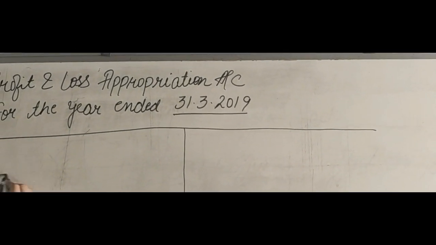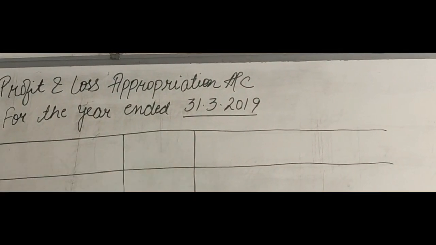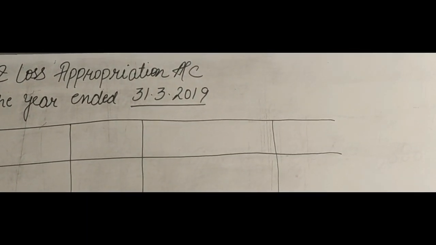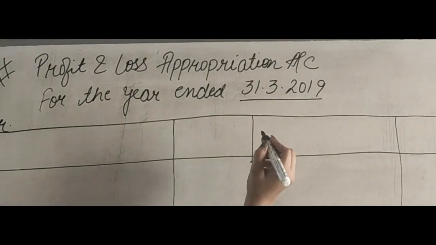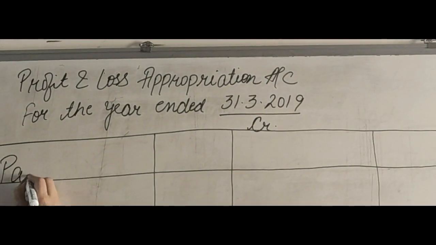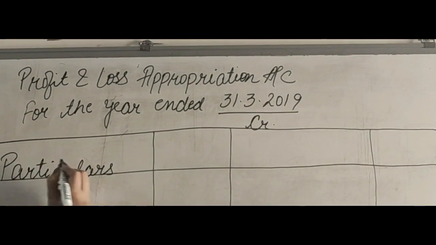Some students draw the lines with the help of a scale, but it is not good for commerce students. Students, if you want full marks in the question, mention debit and credit, particulars, amounts, rupees.